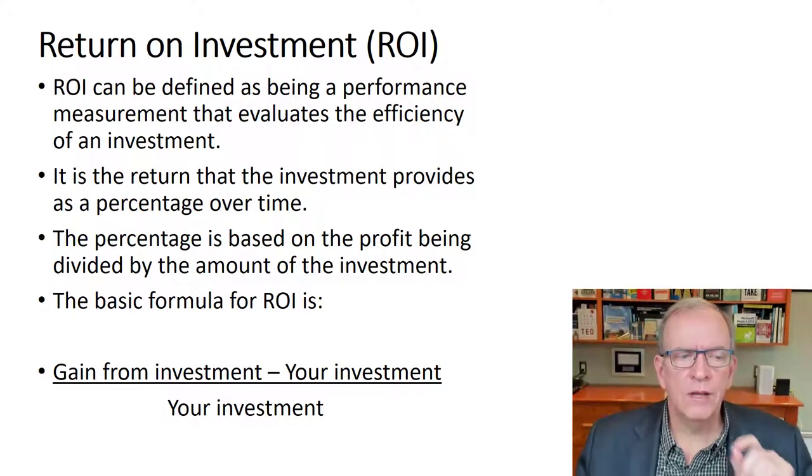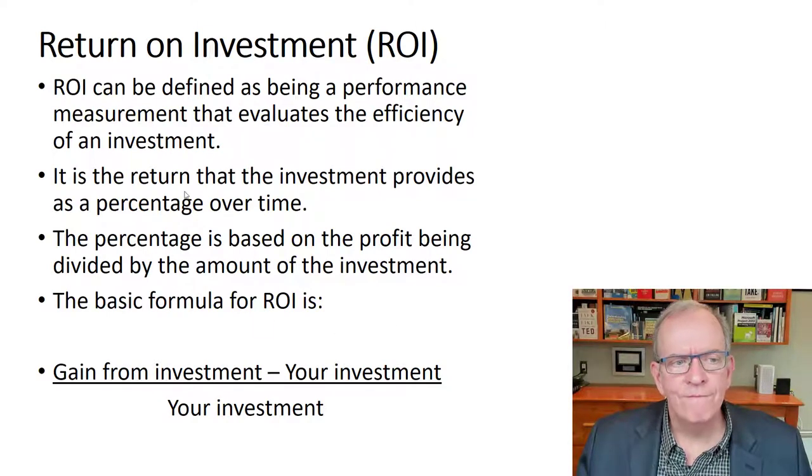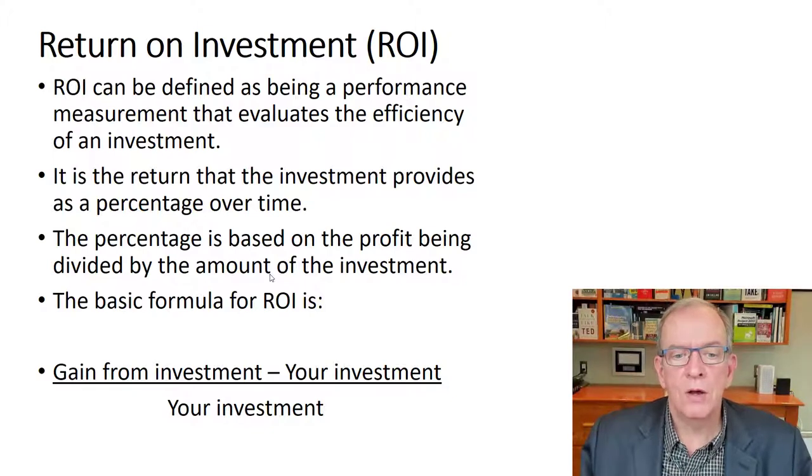And so return on investment is very useful for that purpose, and it's different than profit. It's really that investment return that it provides as a percentage over time. And really it's based on the formula below: the gain from my investment minus my investment, over what my investment was.